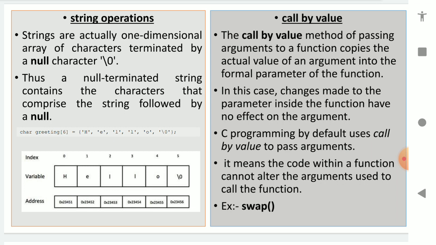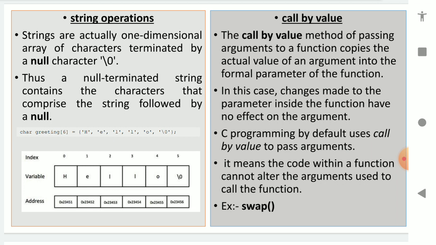Call by value. The call by value method of passing arguments to a function copies the actual value of an argument into the formal parameters of the function. In this case, changes made to the parameter inside the function have no effect on the argument.